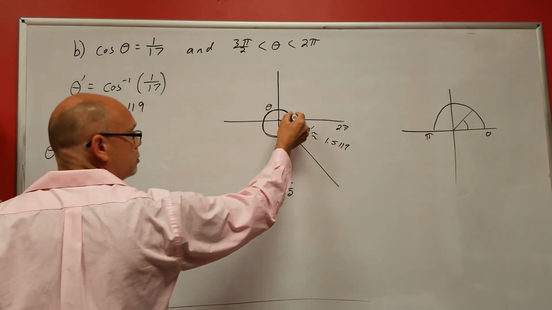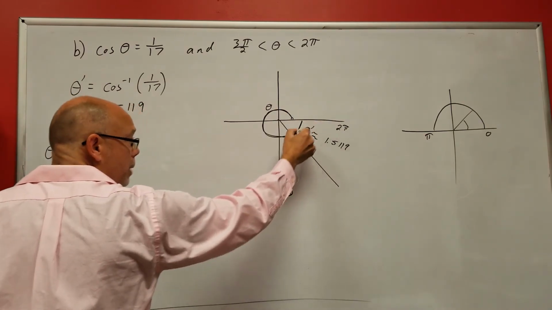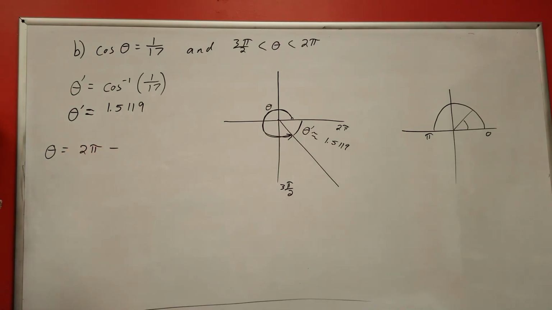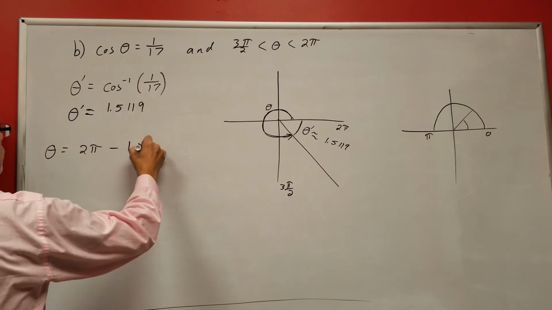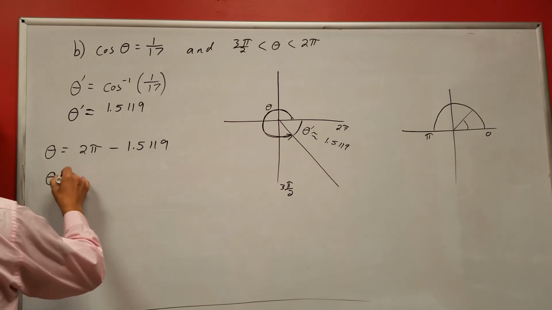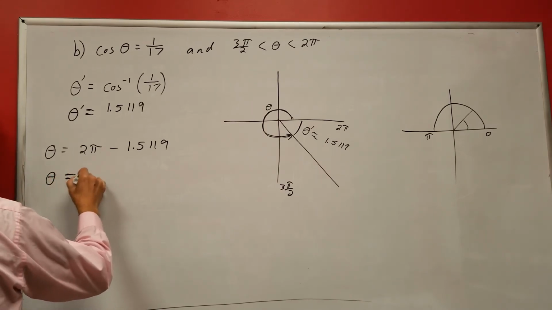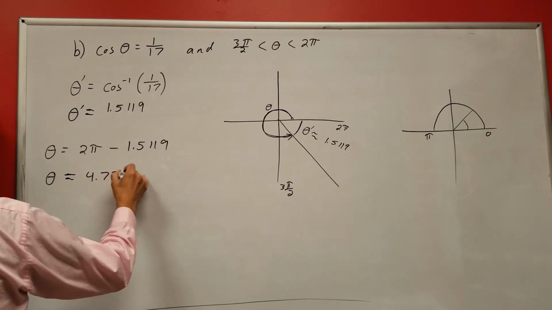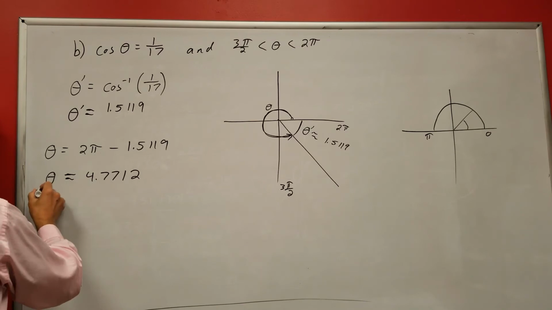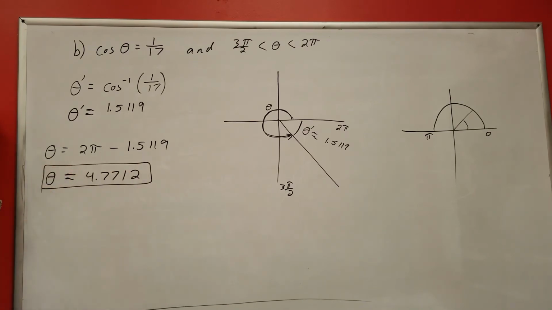Theta will be 2 pi minus theta prime, which is 2 pi minus 1.5119. If we do the subtraction, we get 4.7712. And remember, this is in radians, and it told me to round my radians to 4 decimal places.